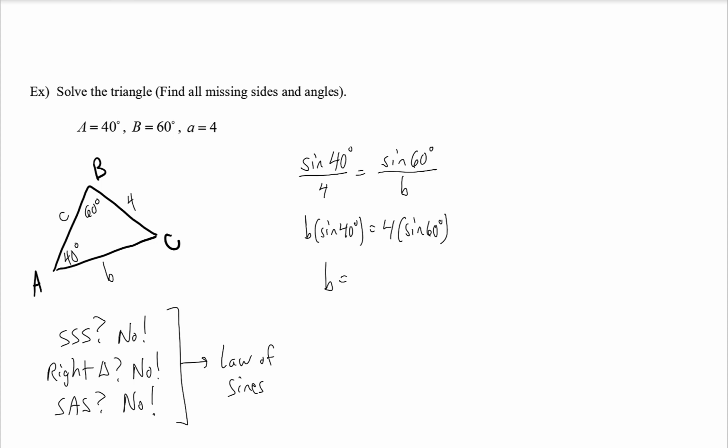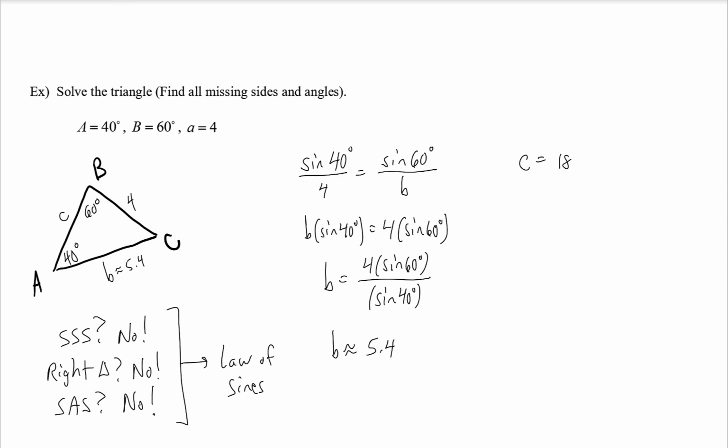So b is 4 times sine of 60 degrees divided by sine of 40 degrees. I'm just going to type that in my calculator to get an approximation, and I'll round to the tenth because I didn't say what to round to. So this is approximately 5.4.